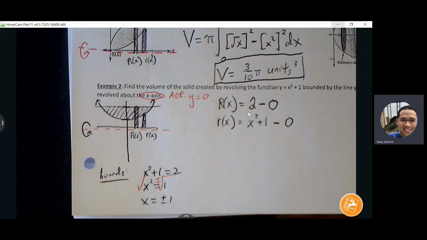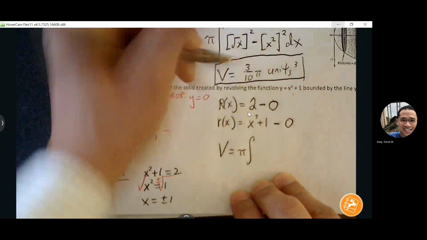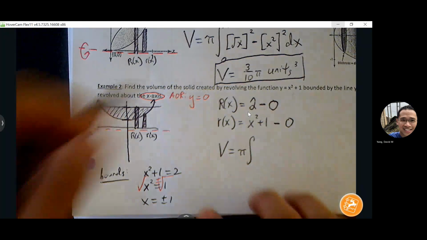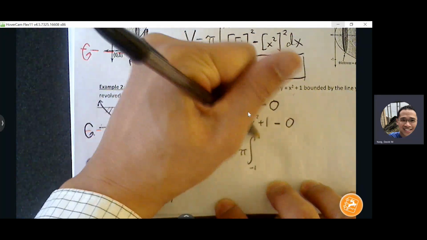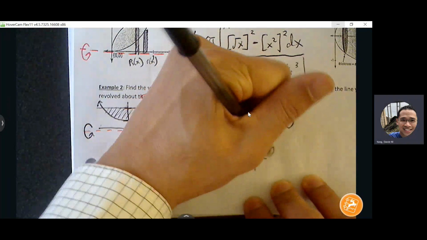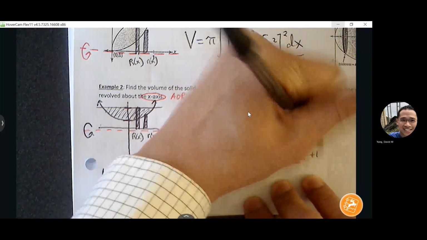We just put it into our volume formula, right? Pi integral from -1 to 1, big radius squared minus little radius squared.